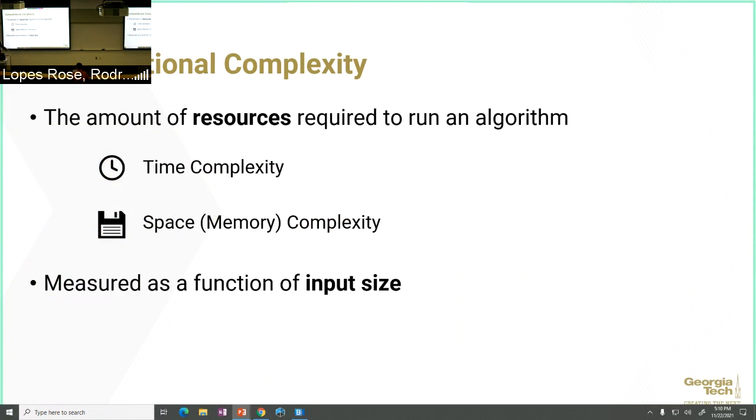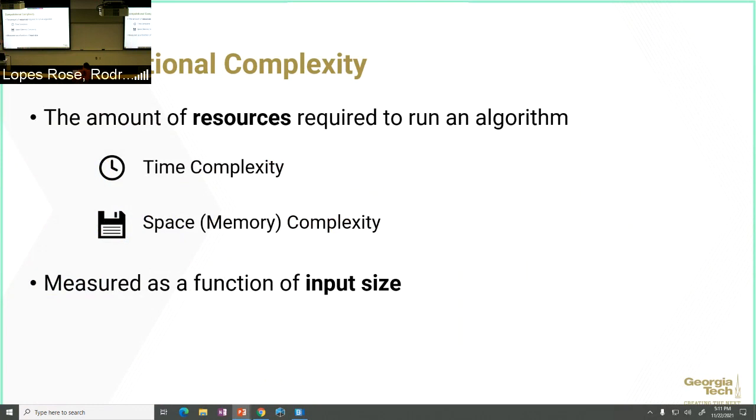We are really going to be focusing on the first one today, because it's a little bit easier to understand and easier to explain complexity through. But space complexity is basically how much memory your algorithm is going to need in order to actually run, right? How much space it's going to need to store any intermediate steps of the process or the final product. Whereas time complexity, as the name suggests, is how much time your algorithm is going to take to run based on the inputs that you give it.